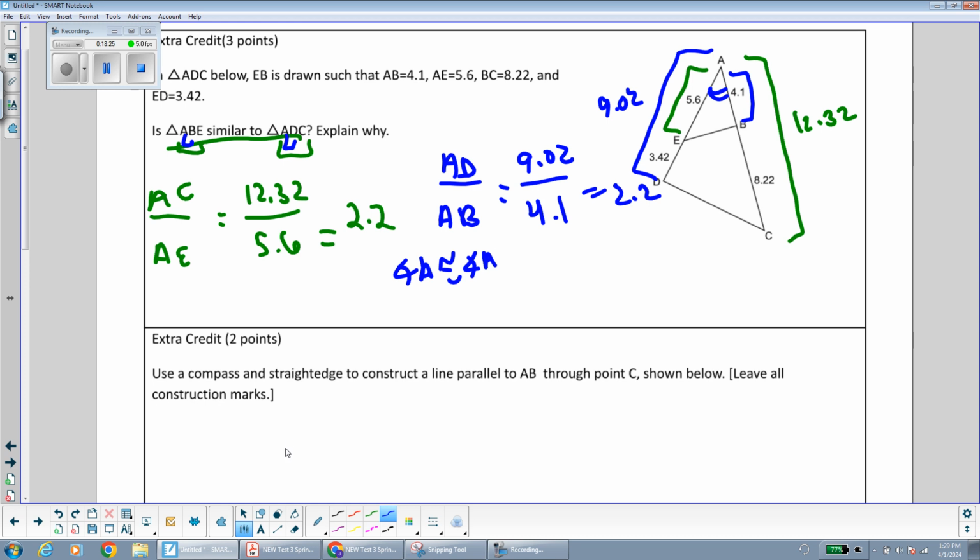It does say explain, so I do need words. So I'm going to put some words over here because I'm only graded on what's in my explanation if it's an explanation question.